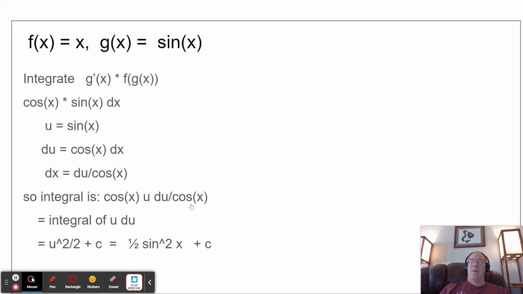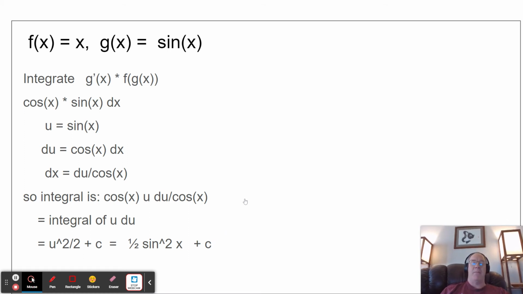And then, be careful here, sine of x is u, so sine of x becomes u, cosine of x remains cosine of x, but then dx is du over cosine of x. The cosines cancel, and we're just integrating u du, which is u squared over 2 plus c. Substitute in for u being sine of x, and the answer is 1/2 sine squared x plus a constant. Okay, so lovely.